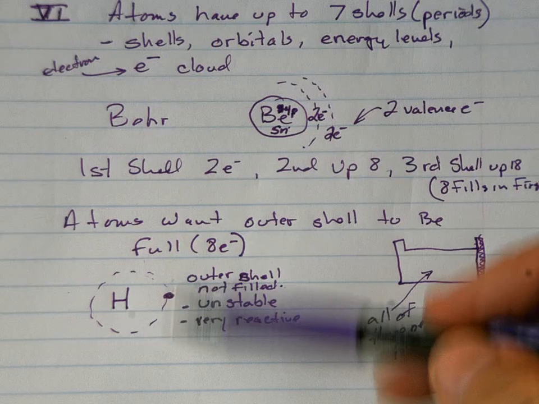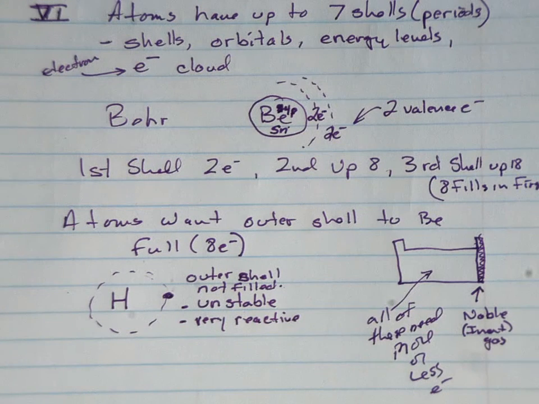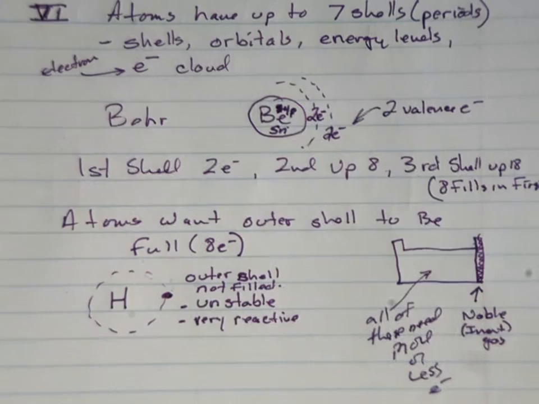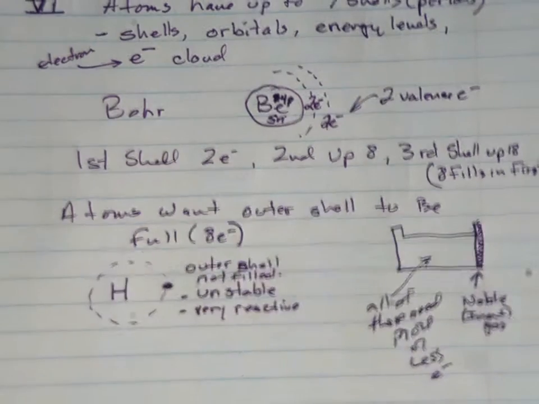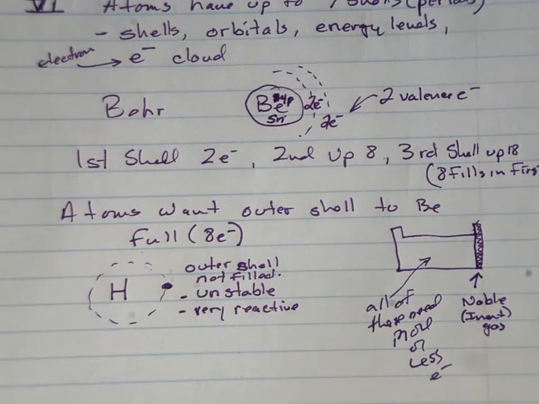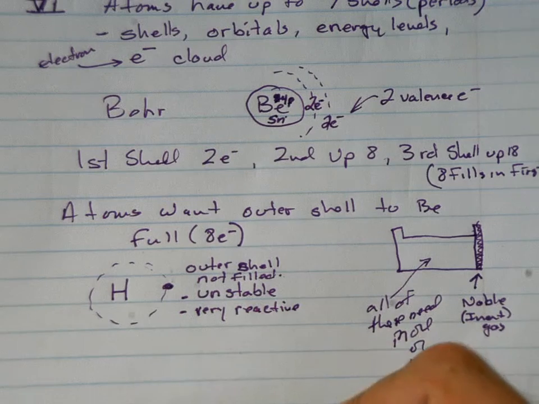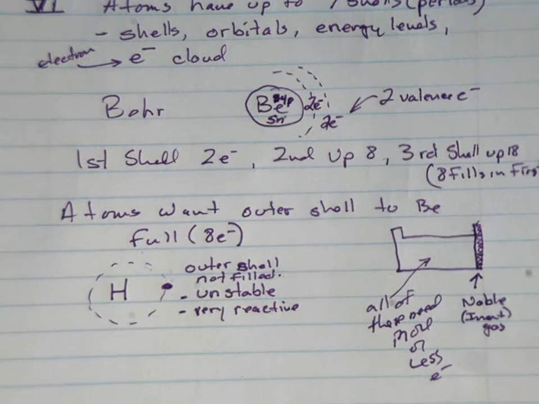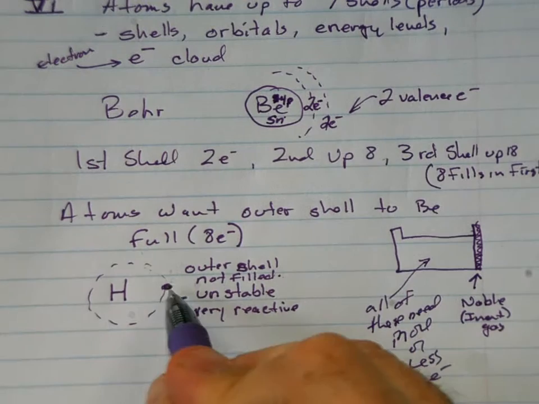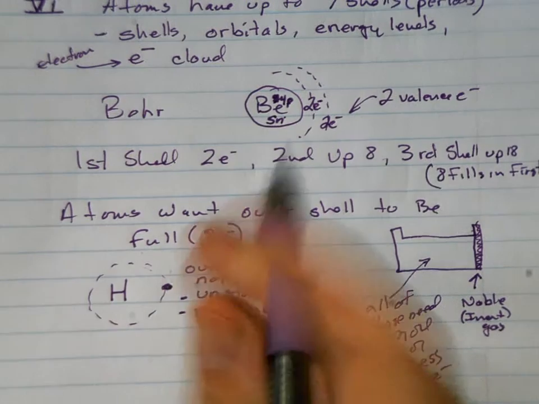And all the elements in group 1 have that 1 electron out there, and they want to get rid of that so bad, they will do anything they can, including bang explosions. They throw them in water. You throw pure, all the rest of those in water, they're going to explode. Because they want to get rid of that 1 stupid electron. Because if I can get rid of this 1 stupid electron, hey, wait a minute.